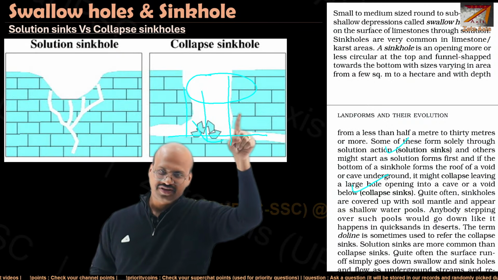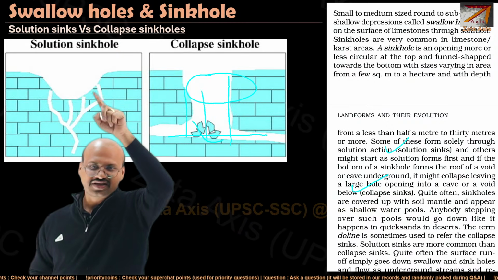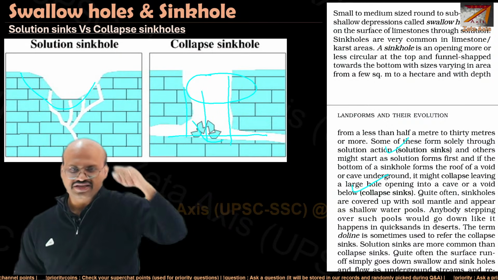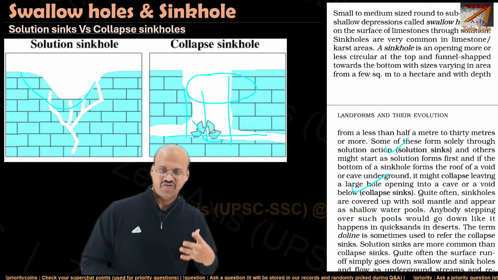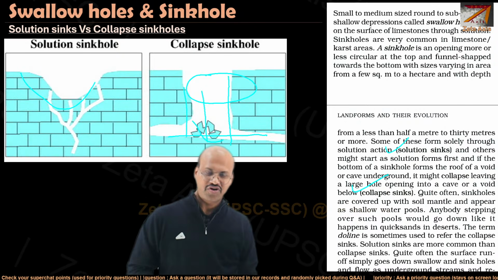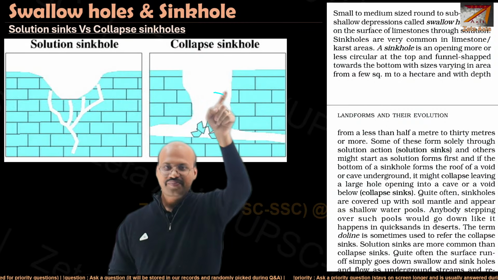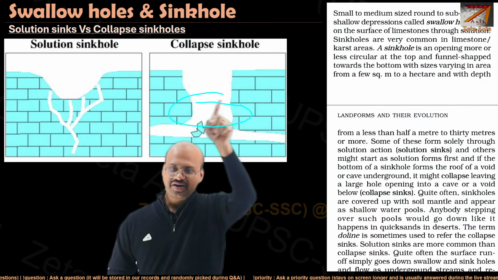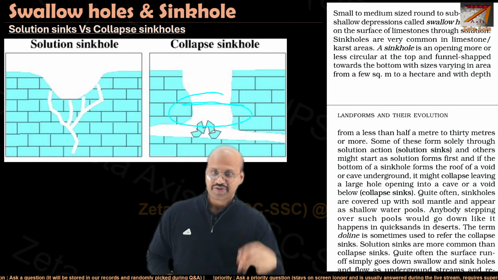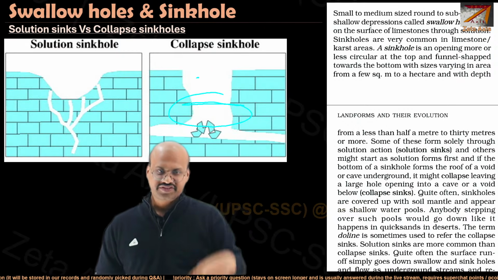So this is a collapse sink, and this is a solution sink. Here this depression is created by the action of water, by the chemical reaction between water and the rocks. Here it is because of the physical collapse of the rocks between the cave and the surface.